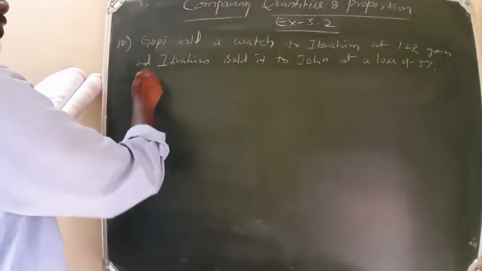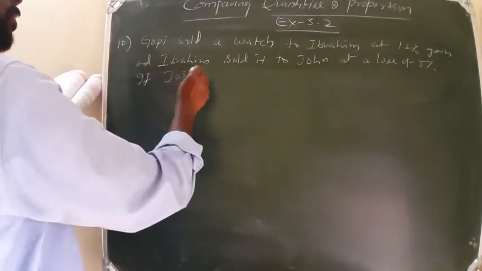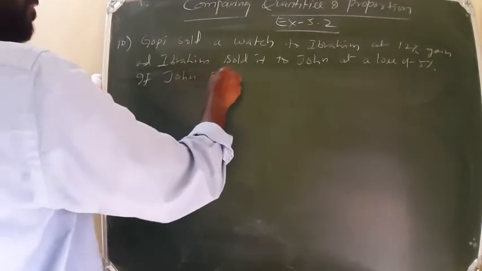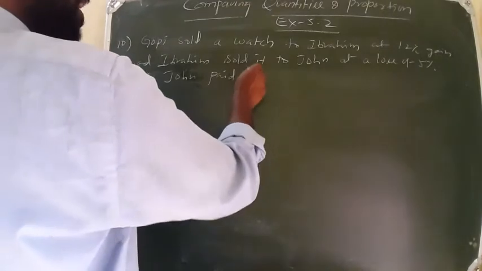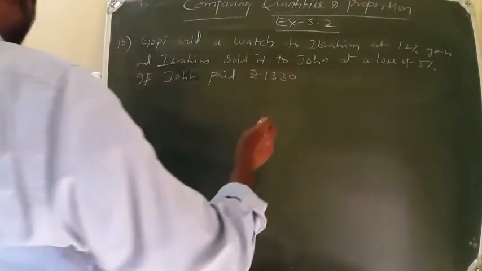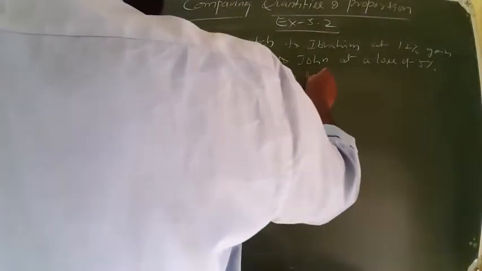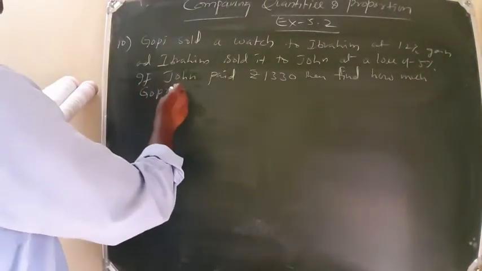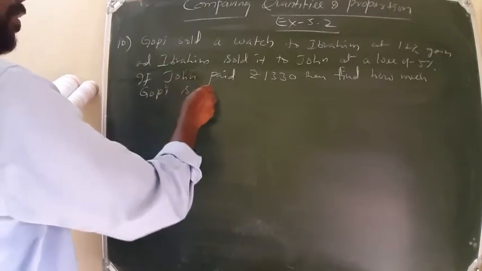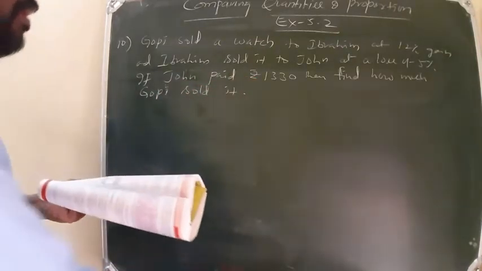If John paid rupees 1330, then find how much Gopi sold it for. Okay.